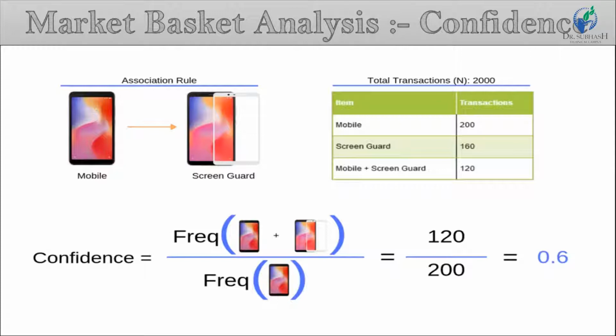Lift less than 1 implies a negative relationship, or they occur together less often than random.